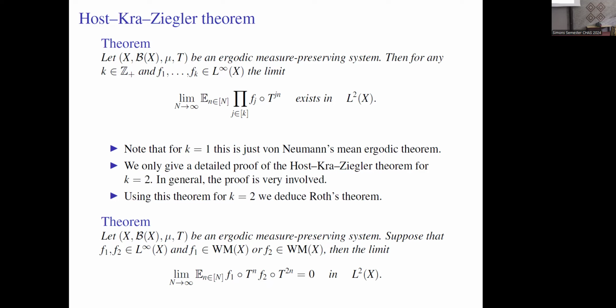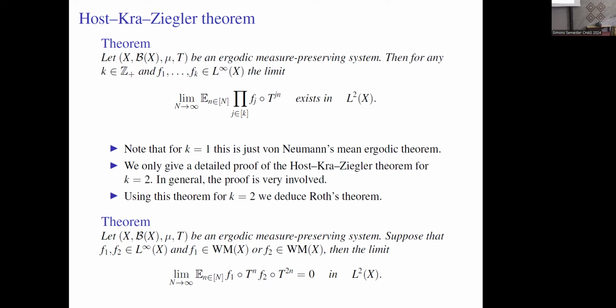So in other words, almost everywhere convergence in the context of Roth was established. But other than that, we don't know. It's open, and it seems to be very, very hard.